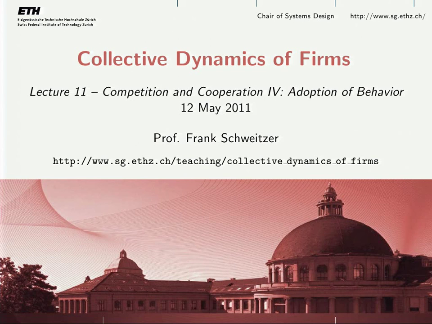Okay, so where are we in the course right now? We looked first into data, then we found some stylized facts about the size distribution of firms and the growth rate distribution of firms. And then for the rest of the course, we tried to develop agent-based models to reproduce the stylized facts.